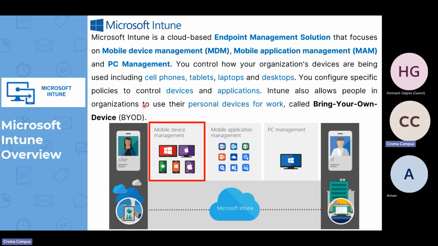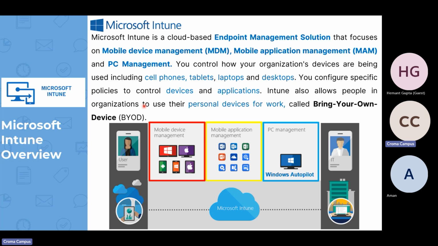Throughout this session, we will learn about this MDM solution. We will also learn about MAM, mobile application management, and PC management, which is called Windows Autopilot. All three are separate technologies. There is no dependency on each other. All three can exist independently, and all three will be managed by the Intune platform, which is a unified platform.